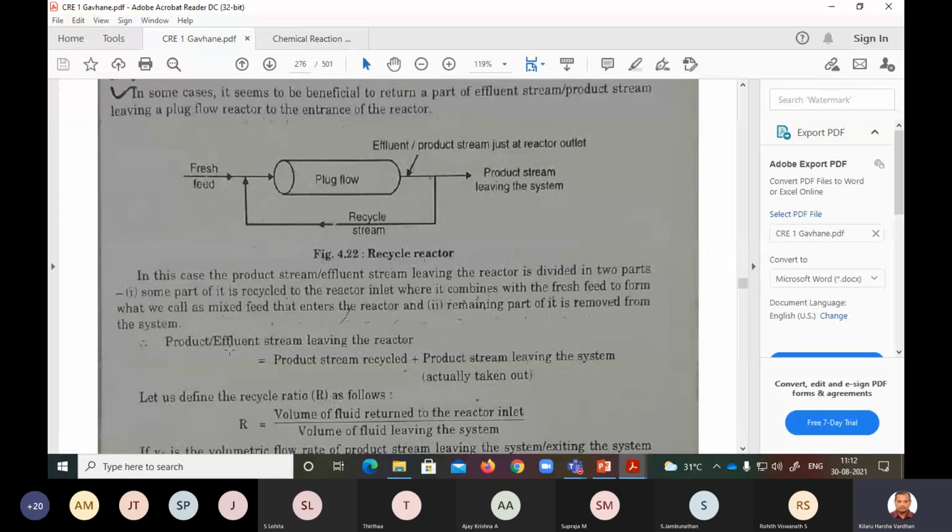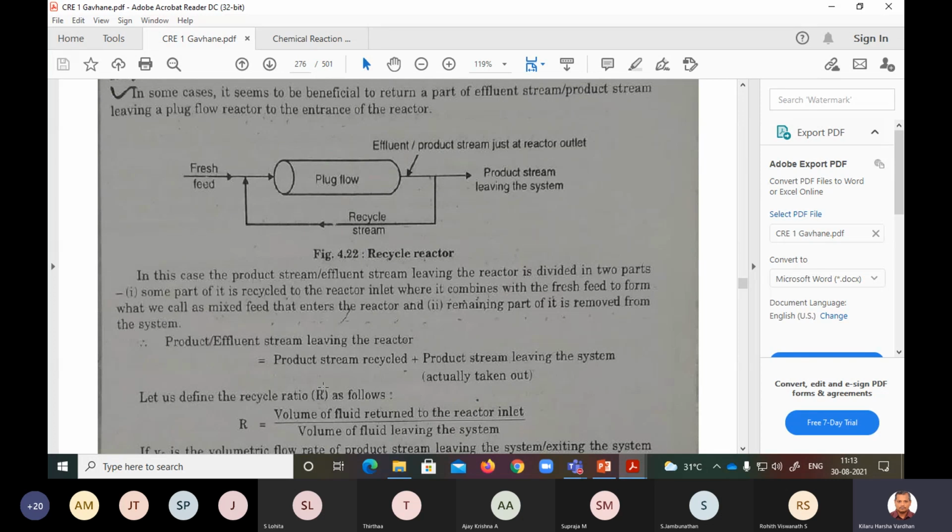So the product or effluent stream leaving the reactor is the product recycled plus the product leaving the system. Here there is a split; there are two outlets.